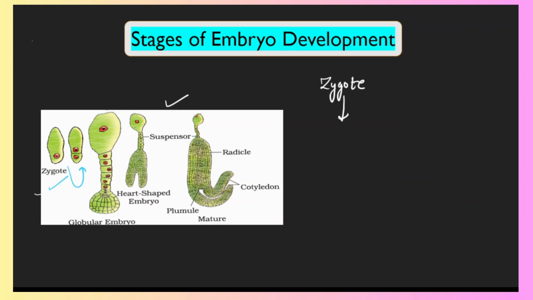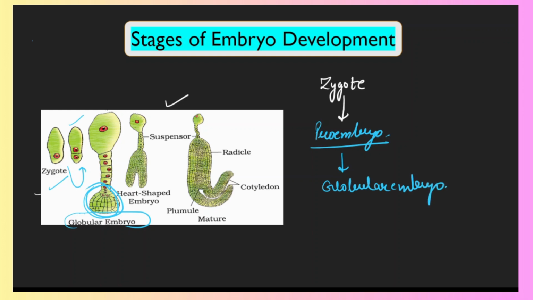Now, the zygote will divide further and form the proembryo. Proembryo means the structure which is formed before the embryo. Now this proembryo will develop into the globular embryo. As you all can see, this is the globular structure of the embryo.